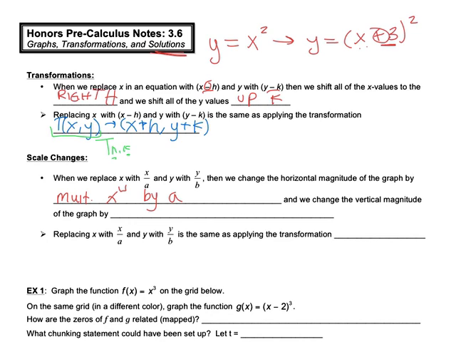So that's what's changing horizontally, which affects our x values. And then if y is being divided by something, we are vertically changing the magnitude by multiplying all the y's by b. So this still should be mostly review.